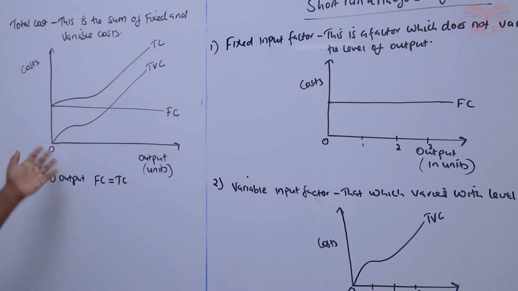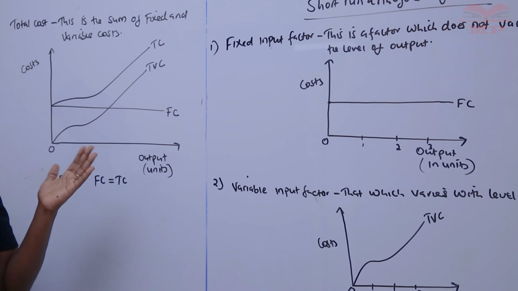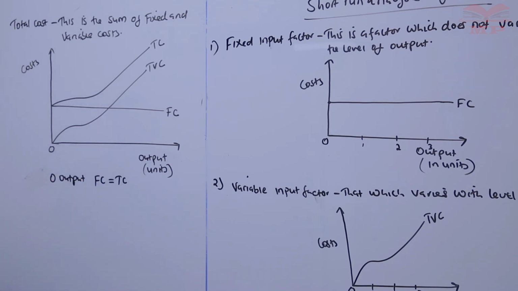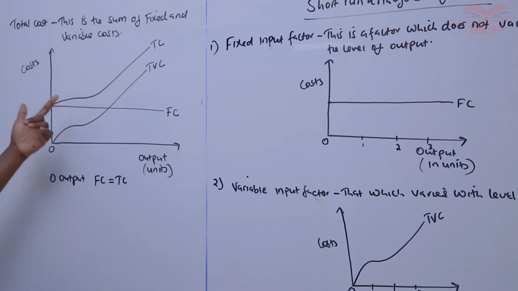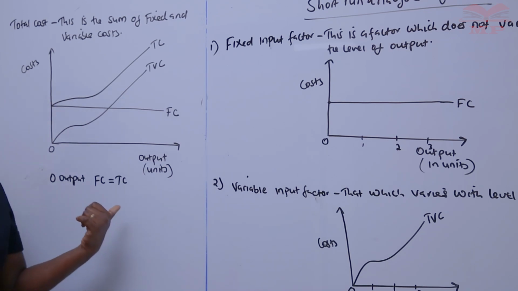When the variable factor is decreasing, total cost will decrease, but when the variable factor is increasing, total cost will always increase.